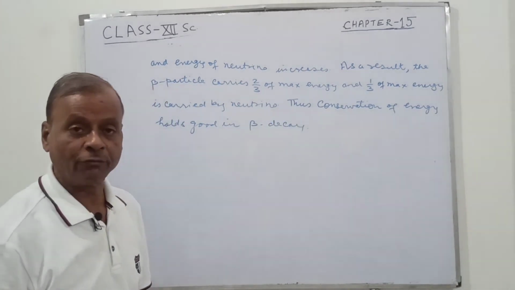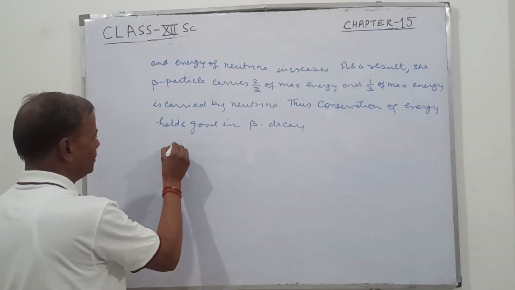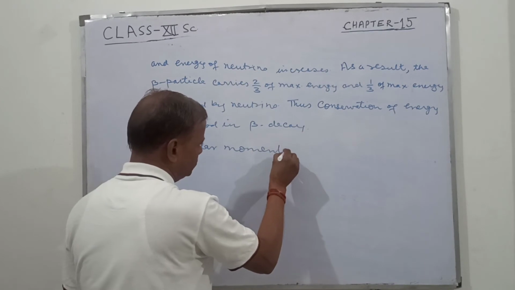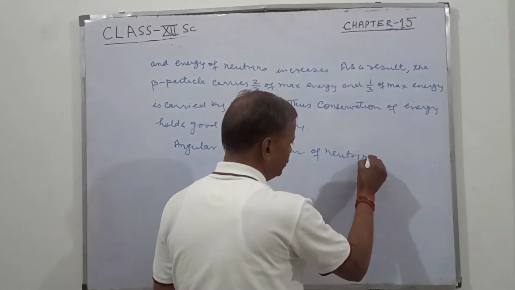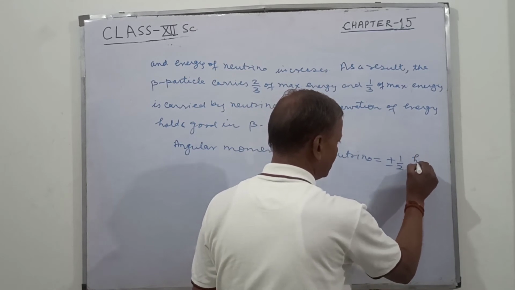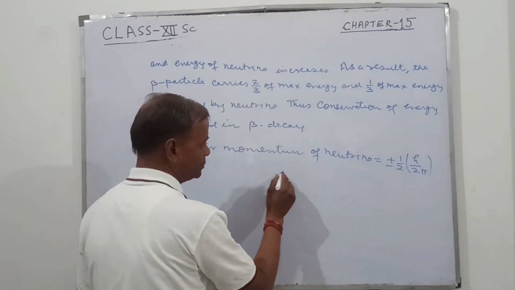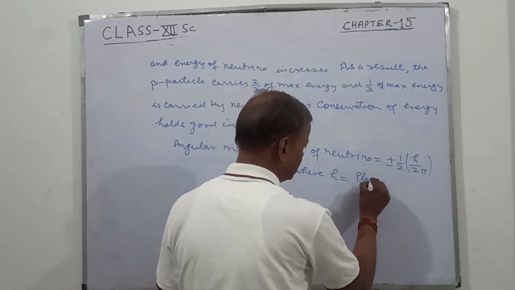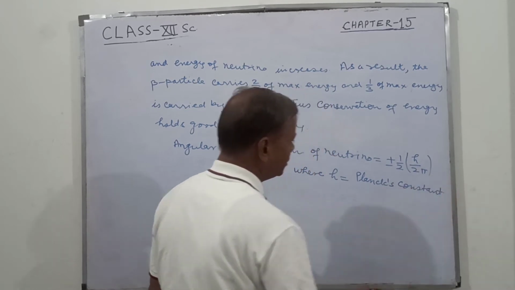If we see the angular momentum, angular momentum of neutrino is equal to plus minus 1 by 2 h upon 2 pi, h being the Planck's constant.